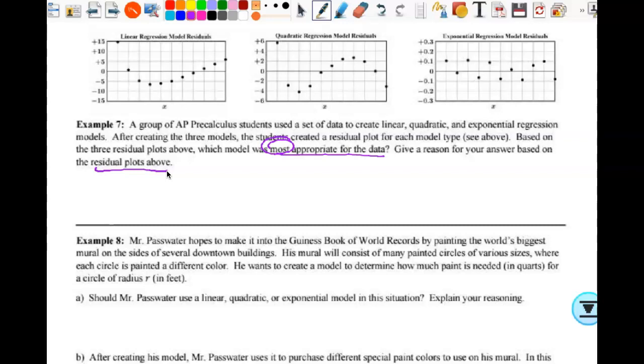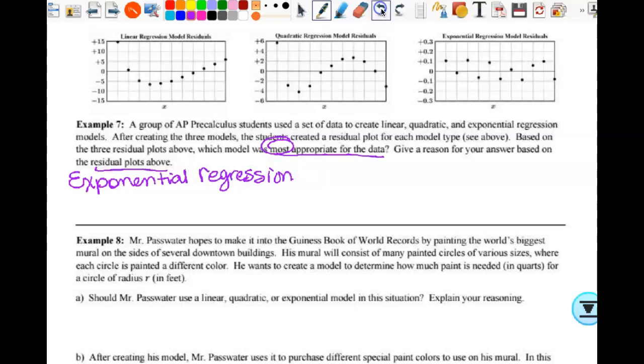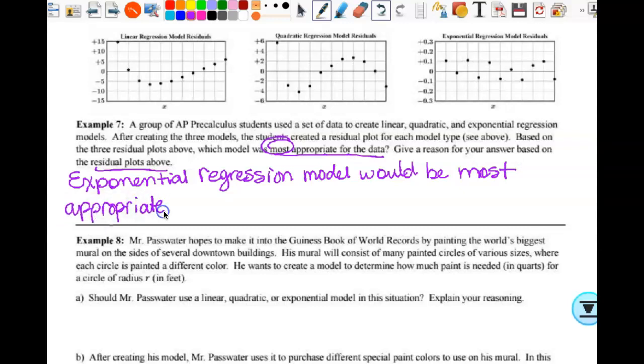Exponential. All right. So I would say the exponential regression model would be most appropriate because, and then you fill in the rest there.